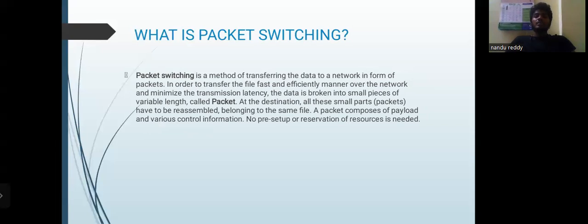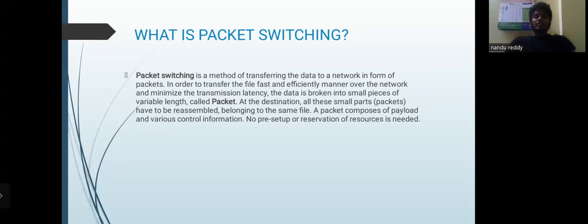What is packet switching? Packet switching is a method of transferring data over a network in the form of packets, in order to transfer files quickly and efficiently over the network and minimize transmission latency. The data is broken into small pieces of variable length called packets.